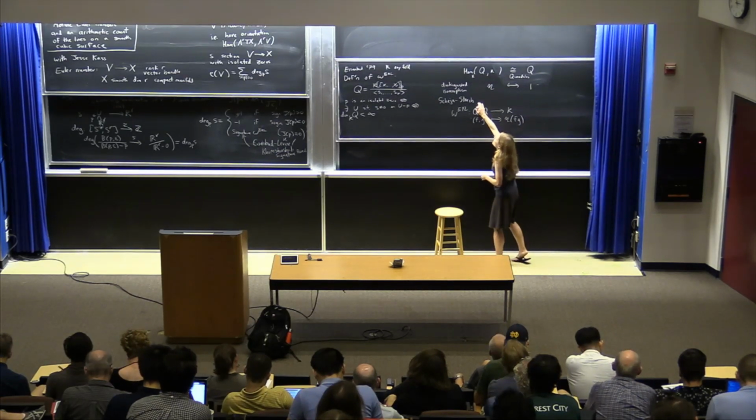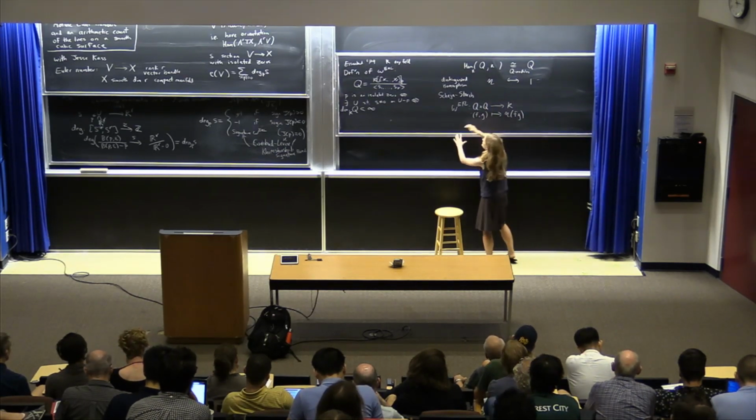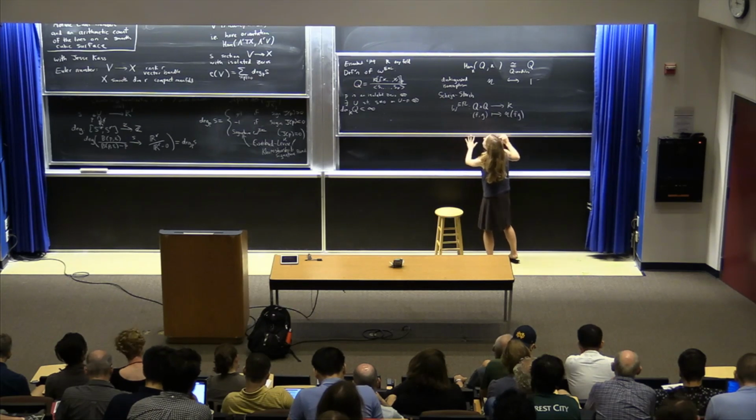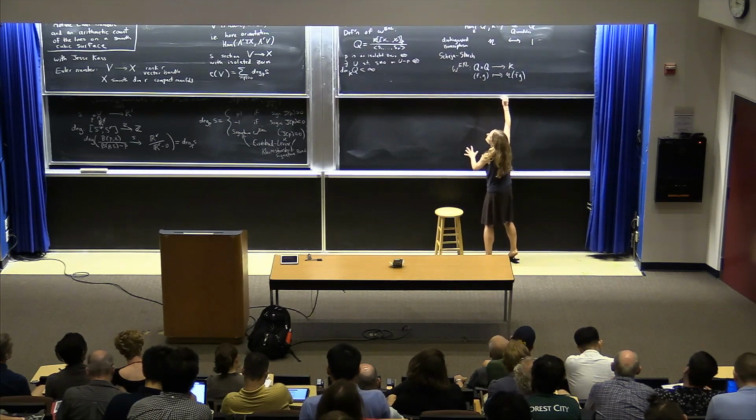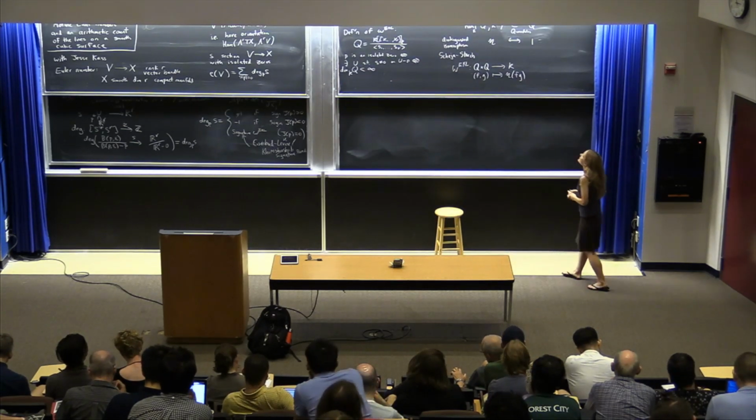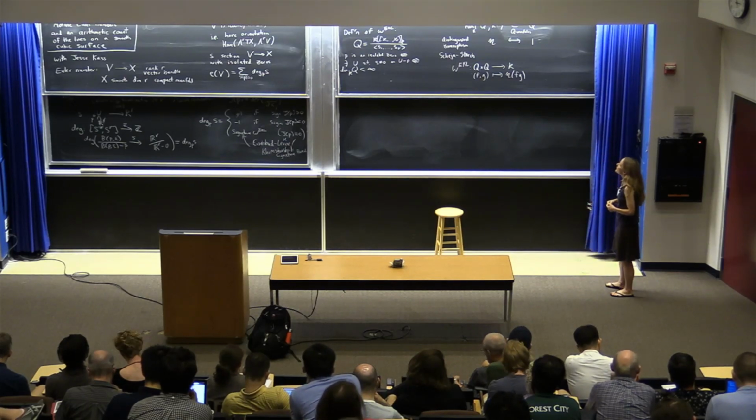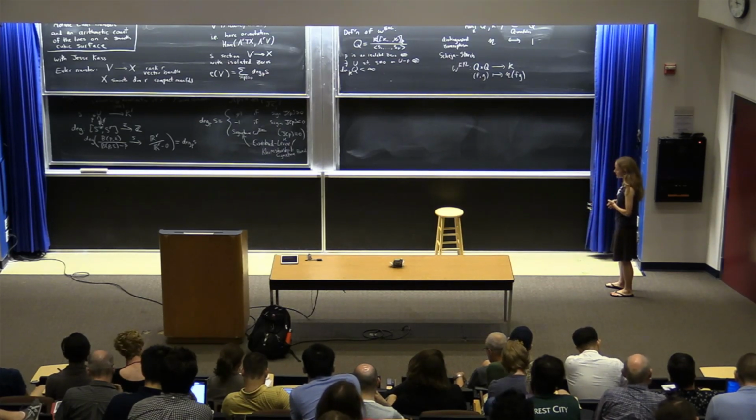This is defined in families. So it's nice to have such a canonical way to write down omega EKL.